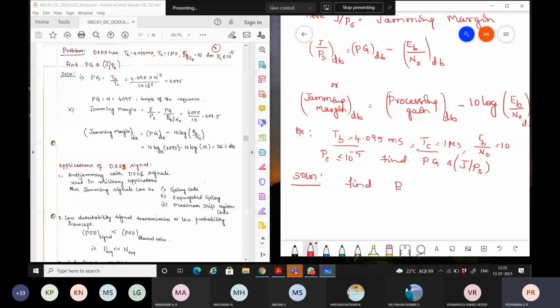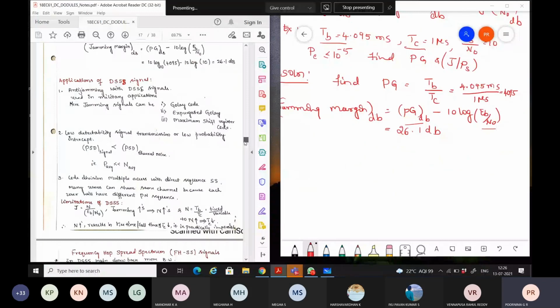So now let us see what are the applications of this direct sequence spread spectrum. The first application is anti-jamming.